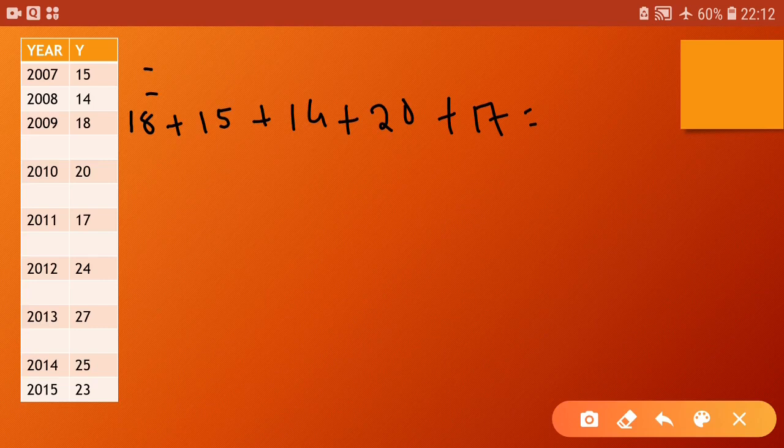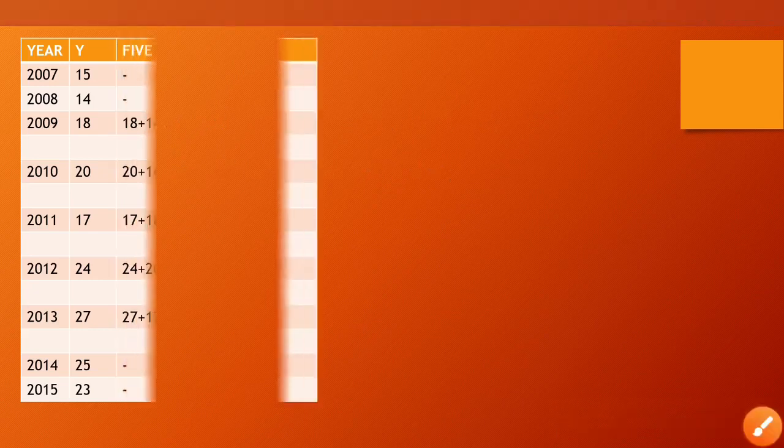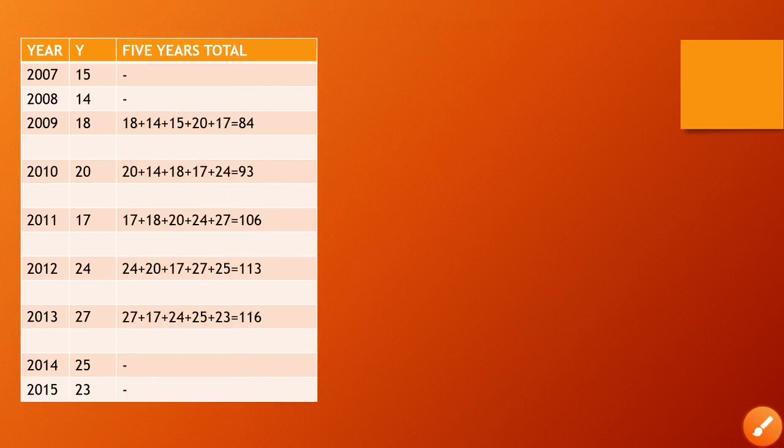In the next year it will be 20 plus 14 plus 18 plus 2 down, 17 and 24. So now I hope you know how it works. You can see I have taken 18 itself, 2 up, 15, 14, 2 down, 20 and 17.